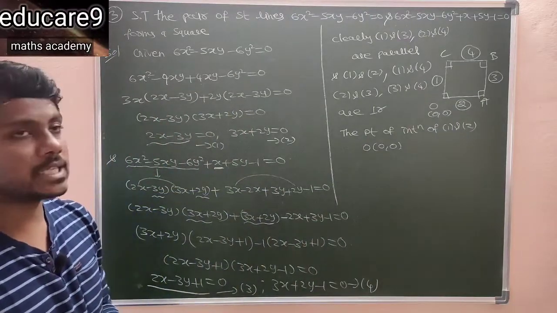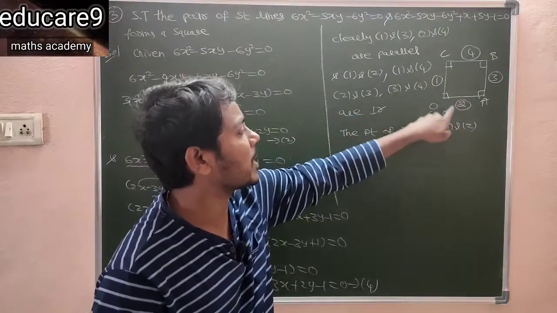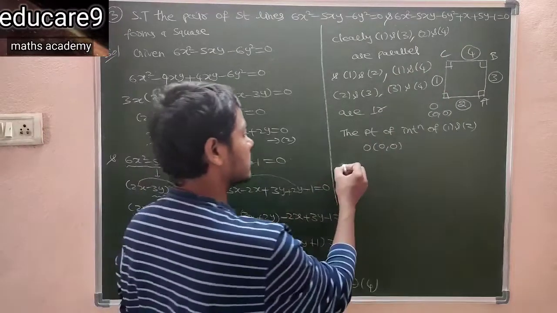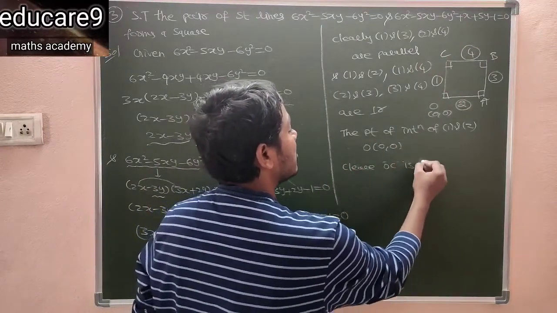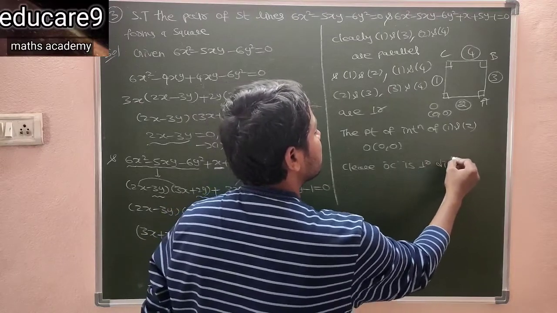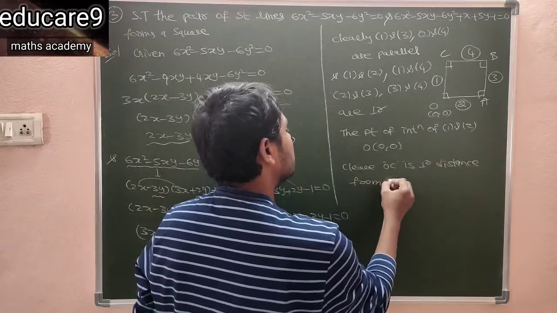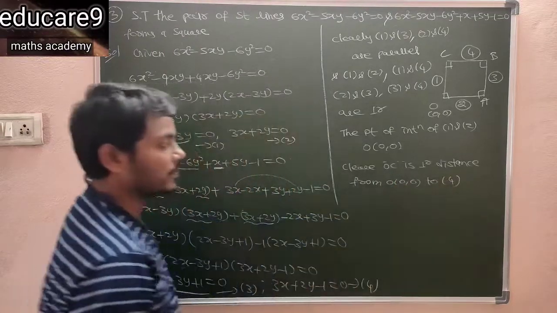Now find OC distance. How to find OC distance? Here OC is the perpendicular distance from origin to the straight line 4. So clearly OC is the perpendicular distance from 0, 0 to equation 4.